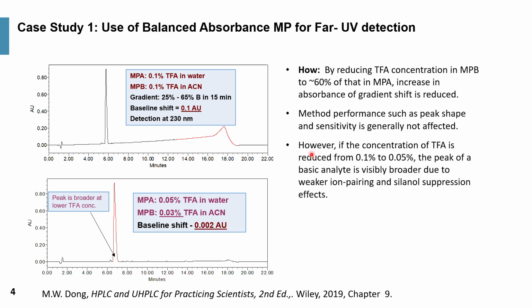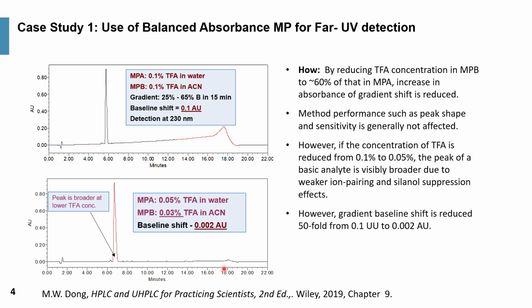However, if we reduce the concentration of TFA to a lower concentration, we can also reduce the gradient shift. But if the analyte turns out to be highly basic, typically the peak might be visibly broader, due to the fact that the lower concentration TFA has a weaker ion pairing effect and also is a less acidic mobile phase, with a little bit more silanophilic activity and a less silanophilic suppression effect, which would give you a little bit of broadening of the peak, which is not very desirable.